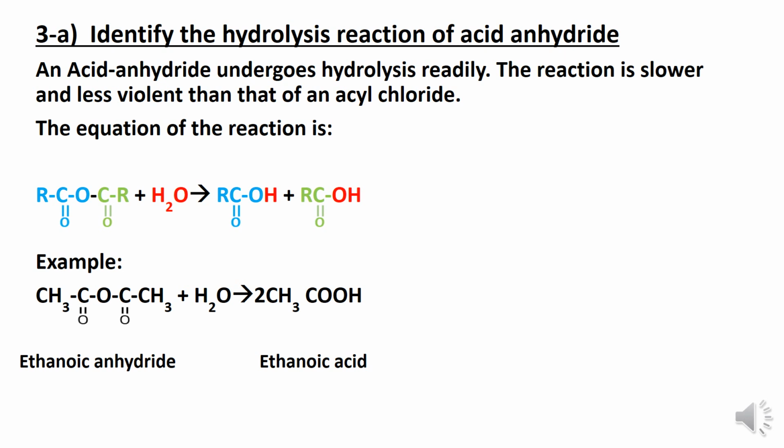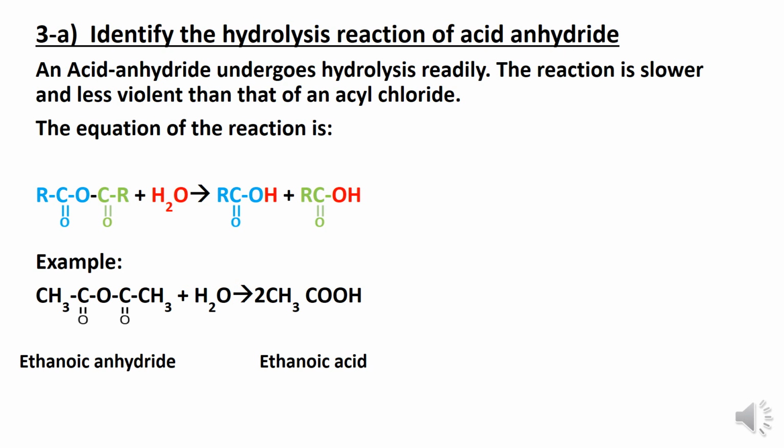You have the blue part, which is the remaining of the first acid. The green part is the remaining of the second acid. Now, in the presence of water, or hydrolysis reaction, the H here is going to return to the first carboxylic acid, and the OH is going to return to the second carboxylic acid.